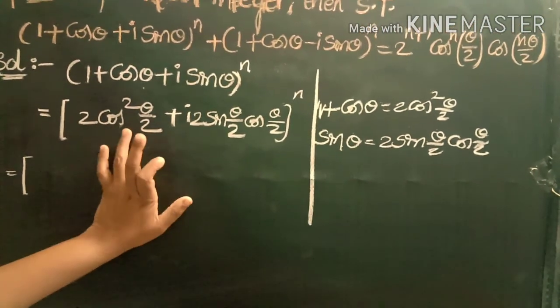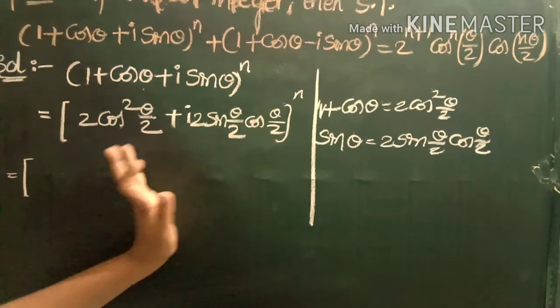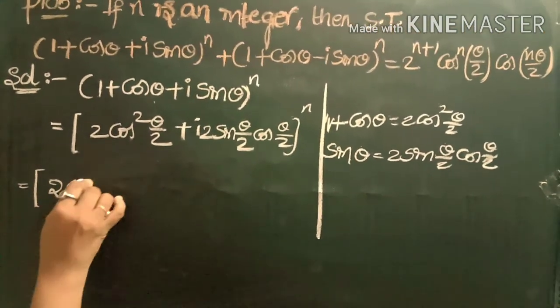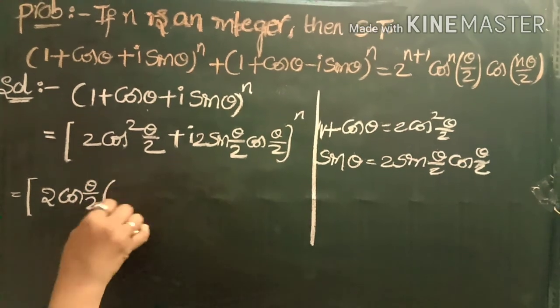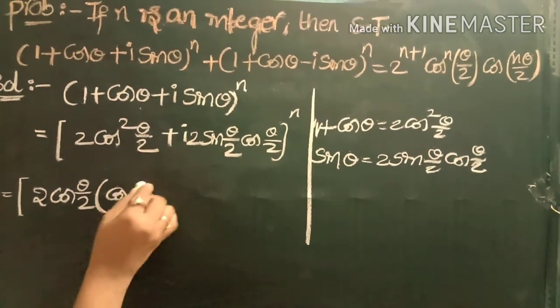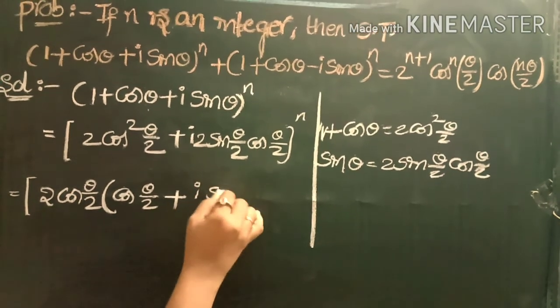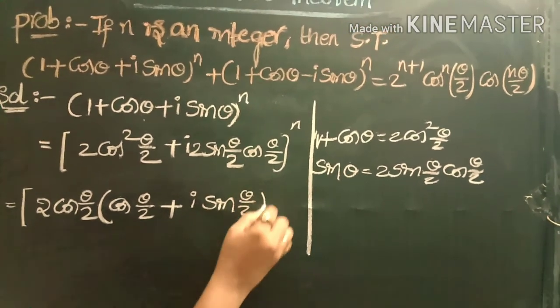Now here 2 cos theta by 2 is the term which is common in both of the terms. So taking common 2 cos theta by 2 into the remaining terms, which are cos theta by 2 plus i sin theta by 2, whole power n.